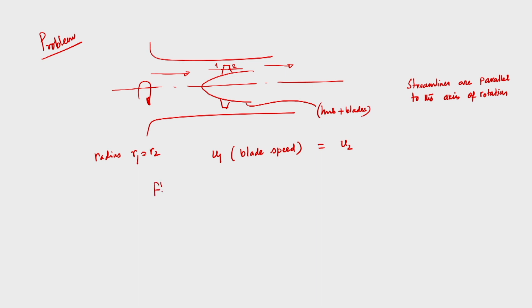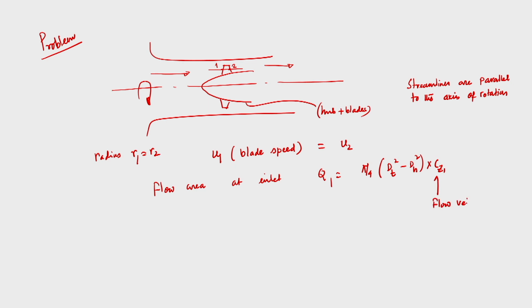Now, flow rate at the inlet, Q1, is equal to pi by 4 into D tip square minus D hub square, the tip diameter square minus the hub diameter square, into Cz1, that is the flow velocity at the inlet.